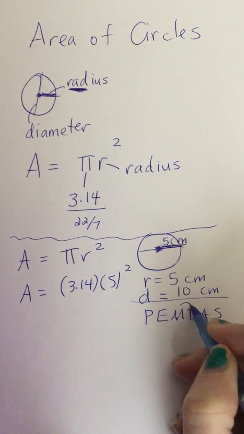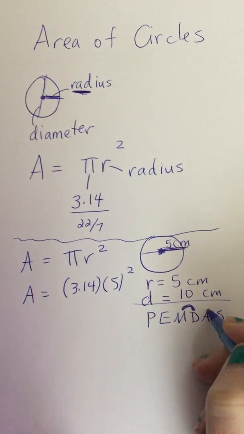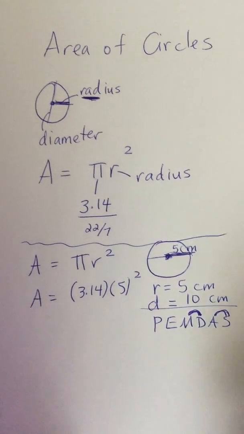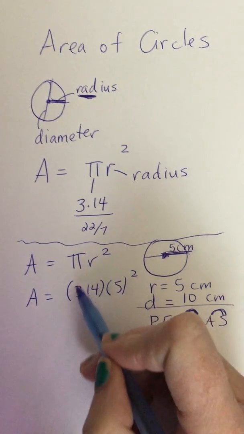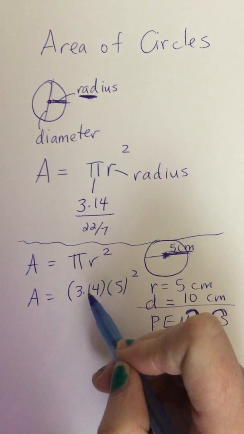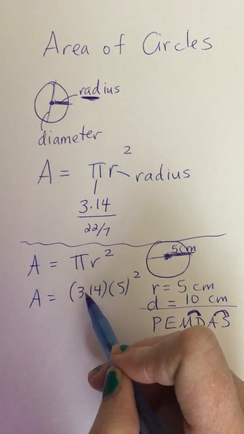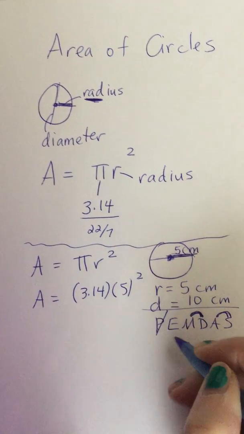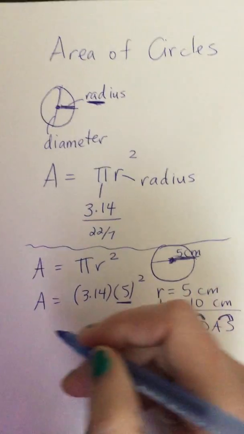And remember that M and D are friends, so whoever comes first in the problem goes first, and the same thing with adding and subtracting. The first thing is P, parentheses. This doesn't really count as parentheses because you don't have a problem on the inside. So we don't have any real parentheses. We do have an exponent though right here, so we're going to do 5 squared first.